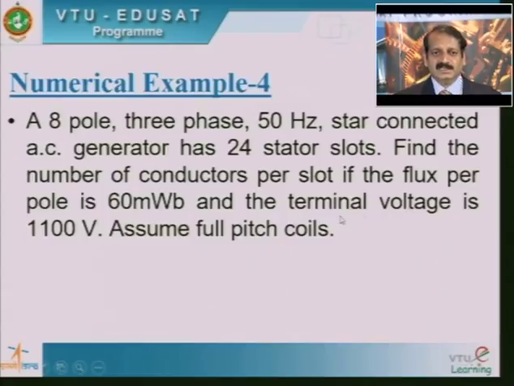Terminal voltage is the voltage between two line terminals of the alternator, and usually the alternator is rated with the terminal voltage, and terminal voltage is the line voltage. Keeping this in mind, we should be able to solve the numerical. It is also given to assume full pitch coils. For full pitch coils, the pitch factor is 1.